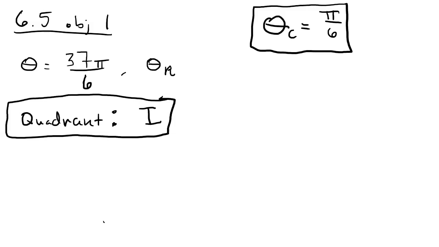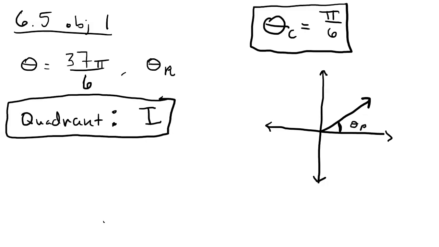So you might ask, what is a reference angle? A reference angle is going to be the acute angle relative to the x-axis nearest the terminal side of our angle. So, in the first quadrant, your theta r is going to look something like this.